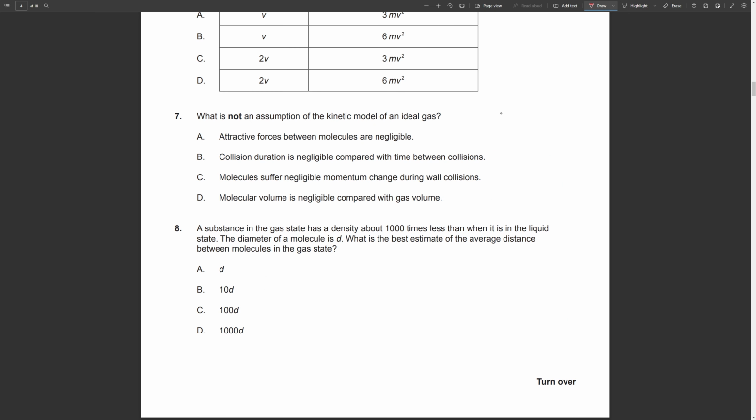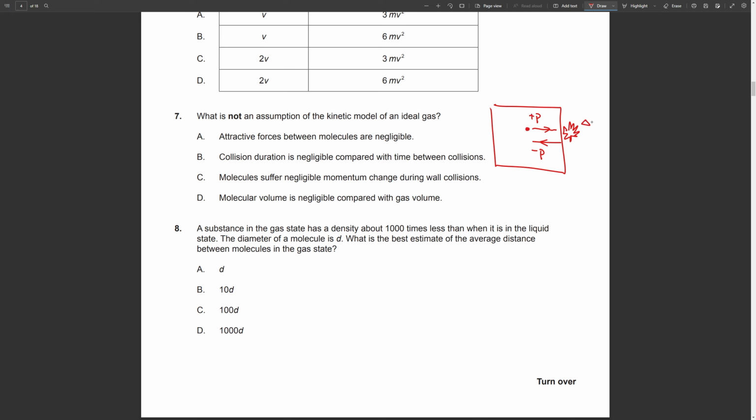Question 7 is about the assumptions of the kinetic model of an ideal gas. For instance, you have a container here, and there is a gas particle moving towards the right-hand side. After it collides with the wall, it will go back to the left. There was a momentum pointing to the right, and another momentum pointing to the left. We denote them in opposite directions by plus and minus.